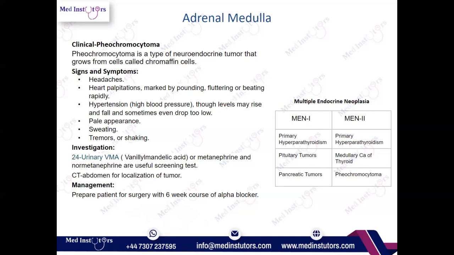Yes, 2 is the right answer. Pheochromocytoma is a part of multiple endocrine neoplasia 2. The rest of the neoplasias are primarily hyperparathyroidism and medullary carcinoma of the thyroid.